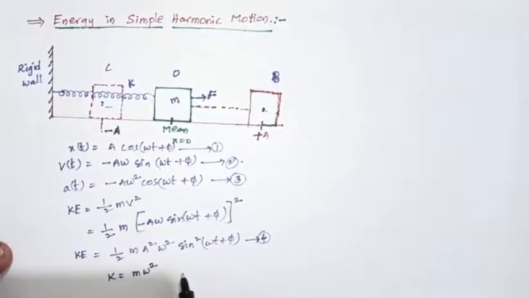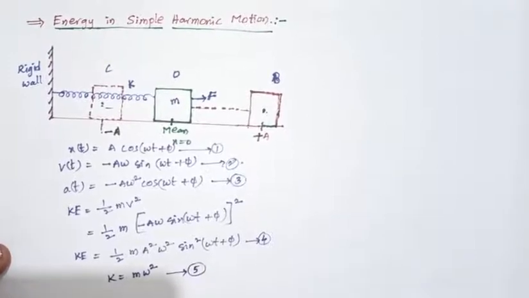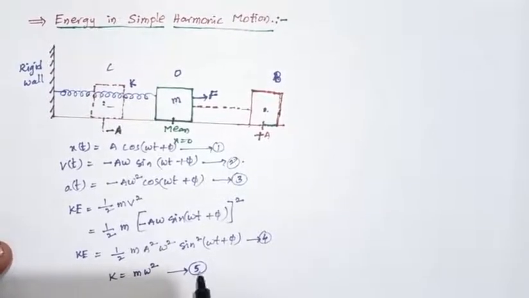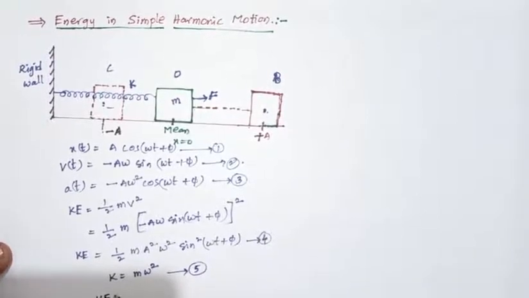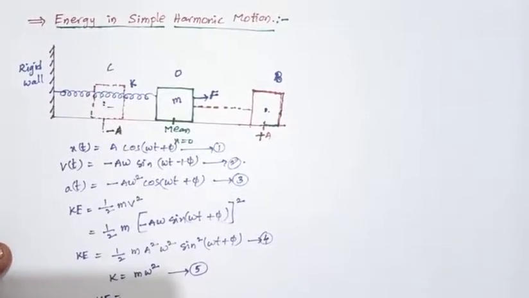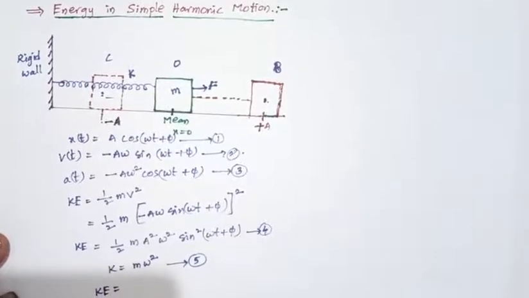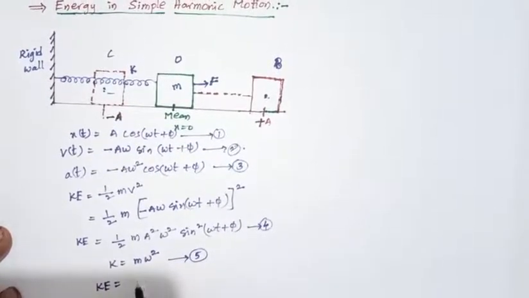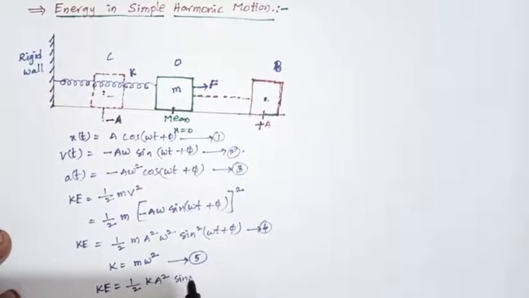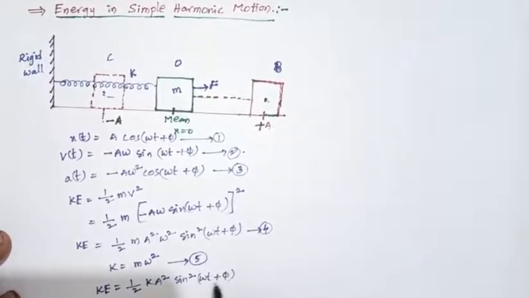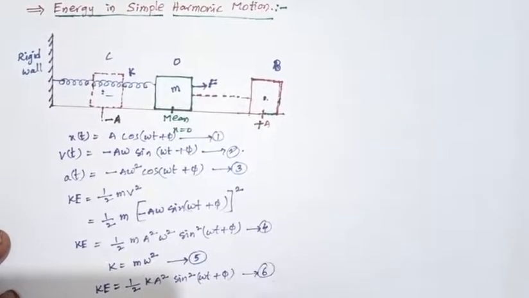Okay, already it is derived. Equation number 5. So from equation number 4 and equation number 5 we can take KE equals half k a square sin square (omega t plus phi). This is equation number 6.